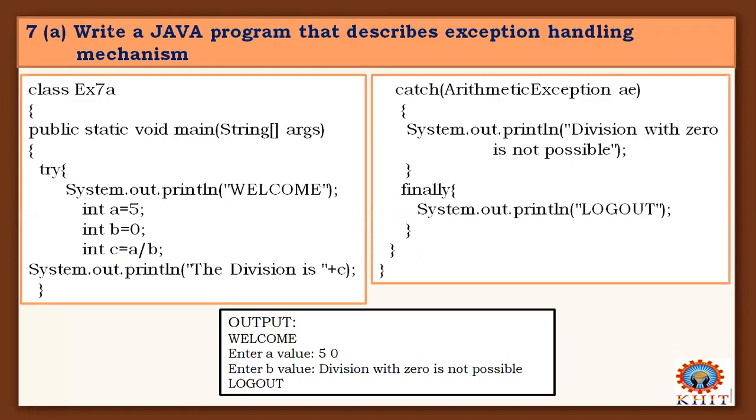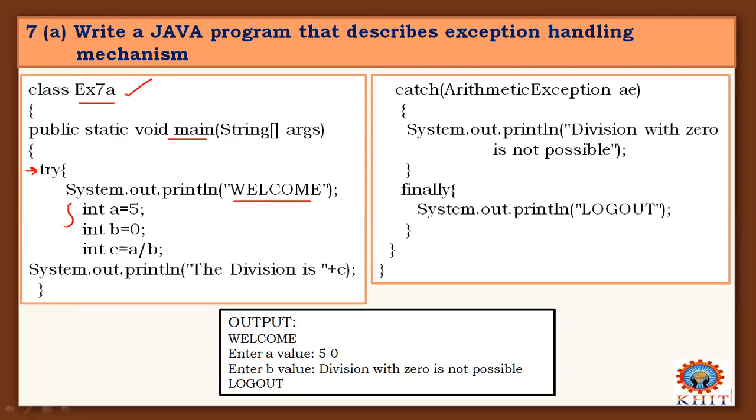So this is the first one. Exercise 7A is the class name, so the file name is this one. Inside this main method, define a try block, and to inform the user that the try block was entered, give a statement, welcome.